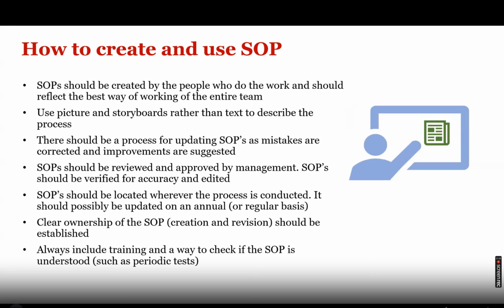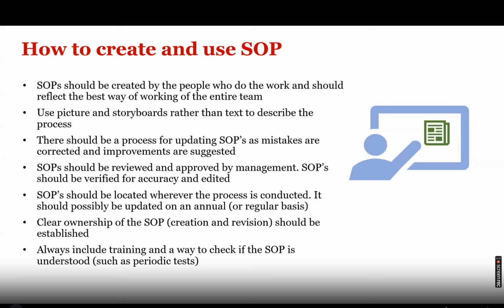There should be a process for updating SOPs at regular intervals as mistakes are corrected and improvements are suggested. That comes as different versions of the SOP. Always the latest version should exist in the market. SOPs should be reviewed and approved by the management, especially by the people who use them. SOPs should be verified for accuracy and edited. SOPs should be located where the process is conducted.